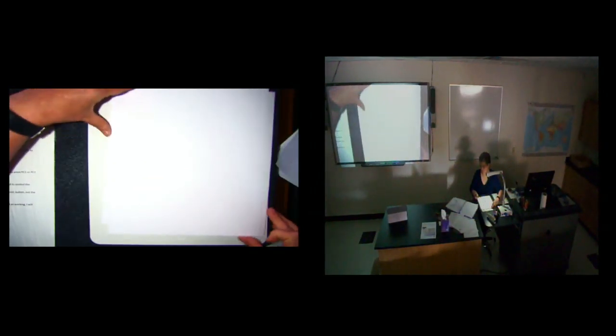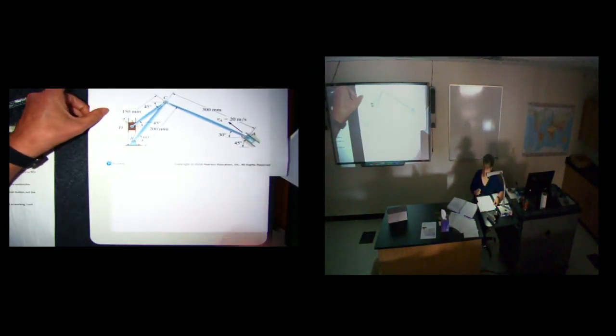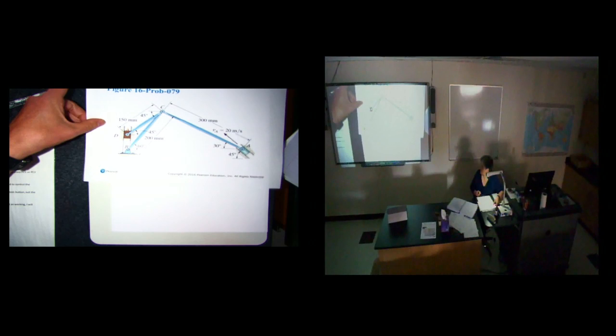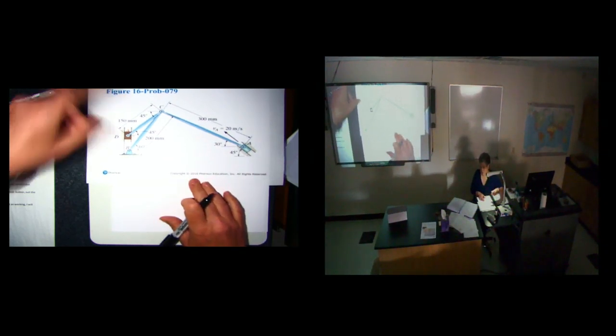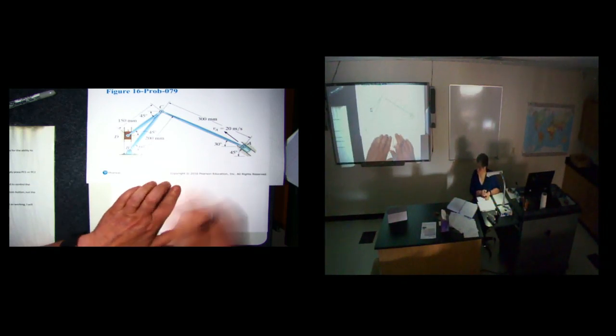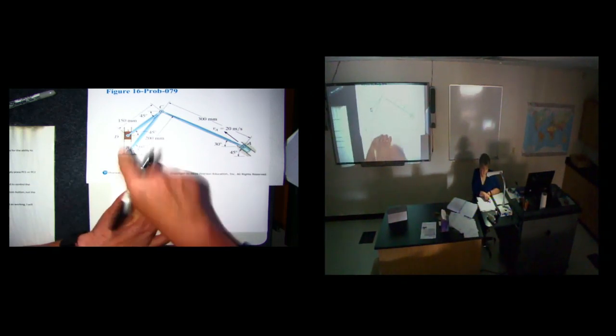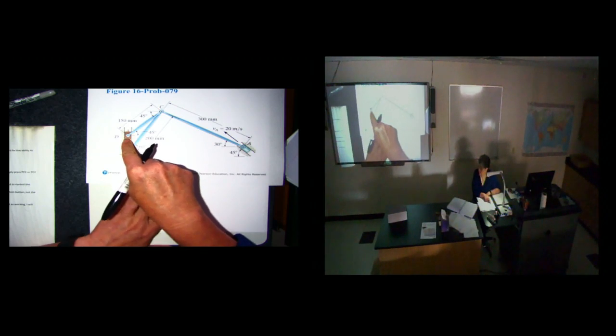So I'm going to write out VC, because I'm going to have it going this way on my diagram. So basically what I've got is VD, and this is VC, and we're given that this is 30 degrees.